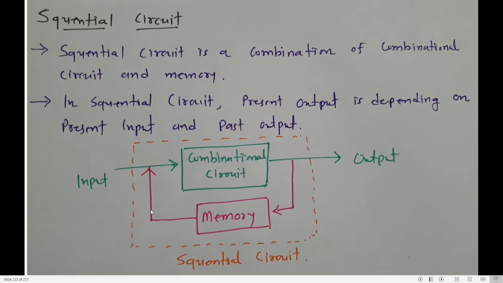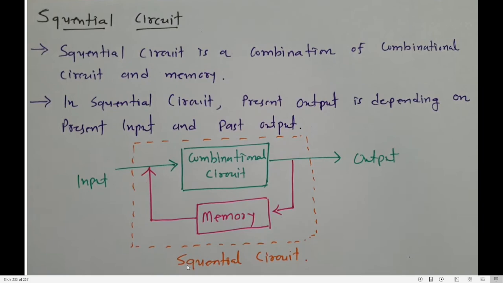Clear? So in a sequential circuit, the output not only depends upon the present input but also on the previous output. So that is a very important step. So what is a sequential circuit? The output not only depends upon the present input but also on the previous output which has come as the feedback.